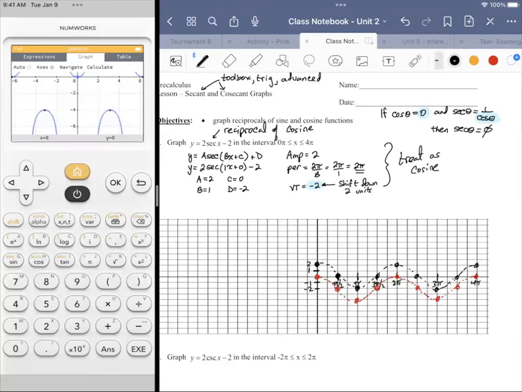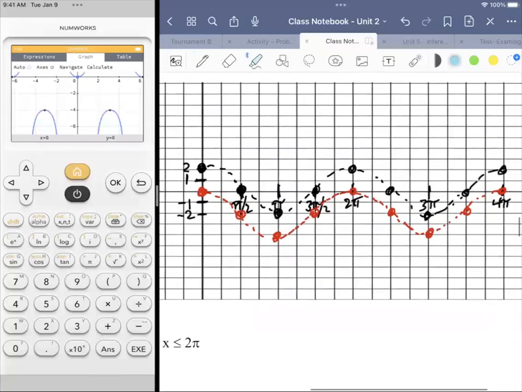But if you look closely at the original black curve that I have here, I have x-intercepts, and this is why we do the intermediate graph. I have x-intercepts at these locations. If you look closely, I know it's kind of hard to tell. Let me go to navigate.